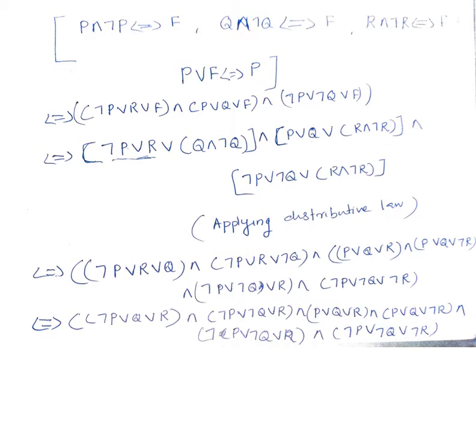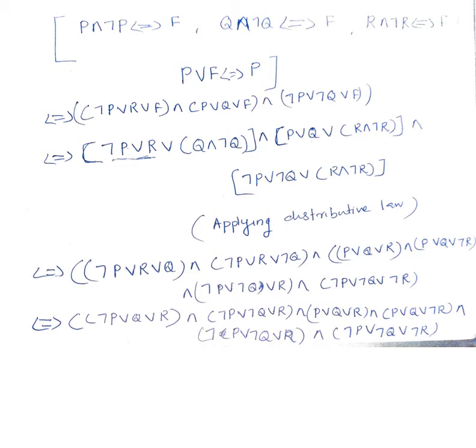Also, P or F is equivalent to P. When we assign an F here, that is P or F, we get the same proposition P. So when we OR P with Q and negation Q, the result is again P. Then we apply these rules to the statements: the first one, negation P or F, means negation P or R, and in the second statement and the third also, we apply this F.